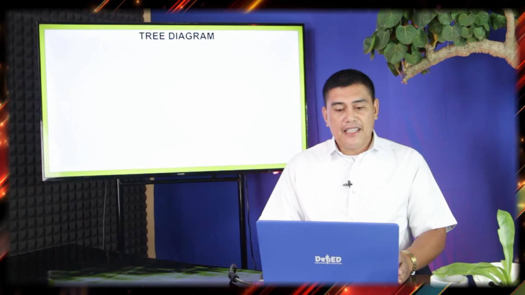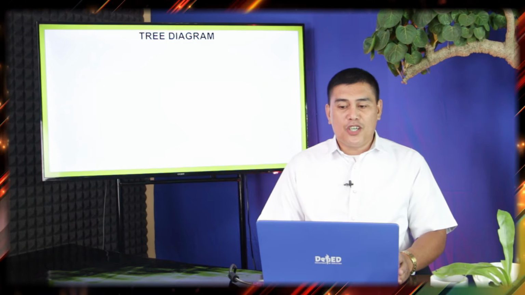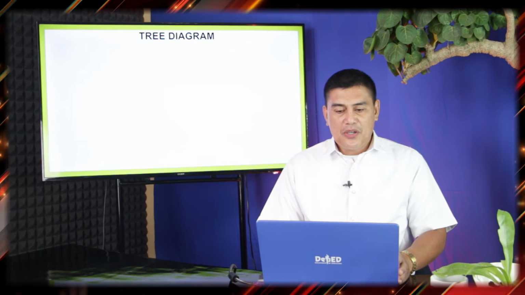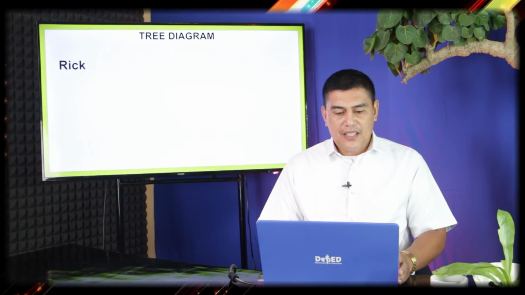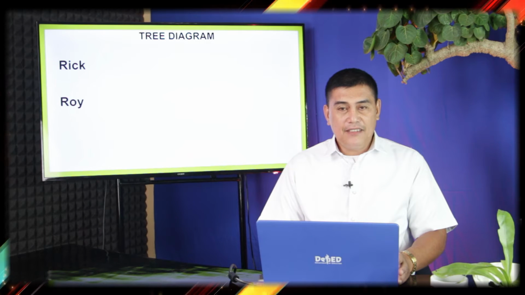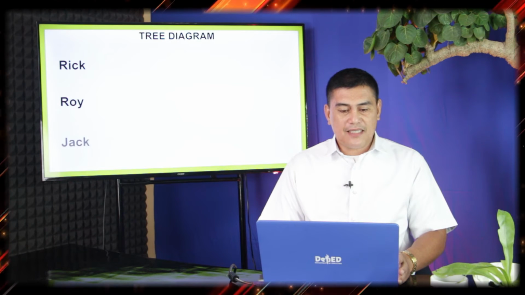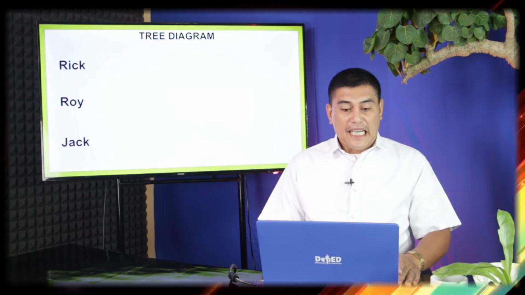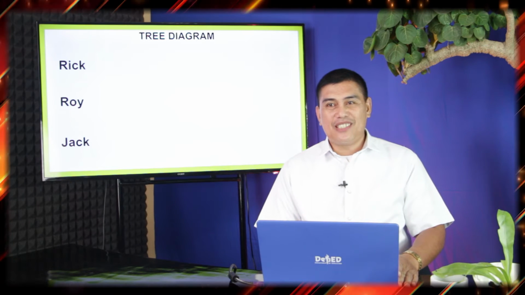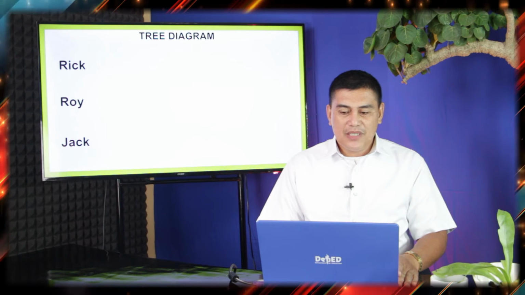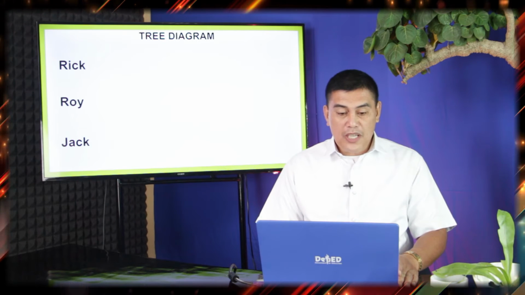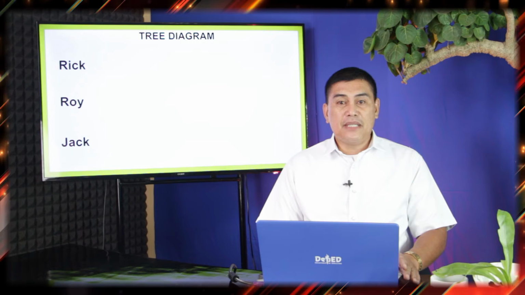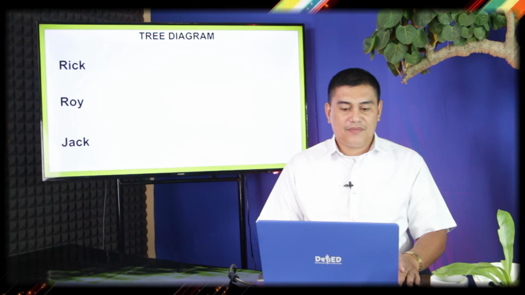So, sa right side, ang pwedeng pumwesto doon is either Rick, Roy, or Jack. Now, kung si Rick ang nakaposisyon sa right side, sino ang posibleng pumwesto sa middle side?